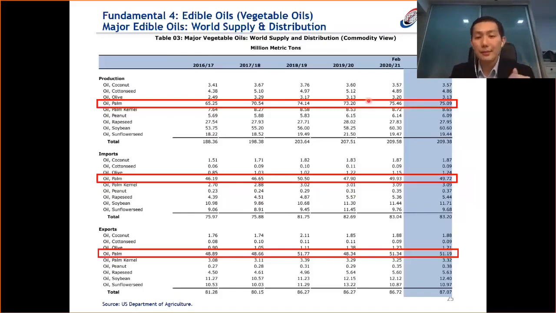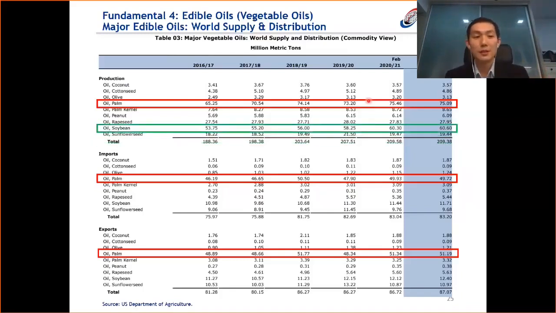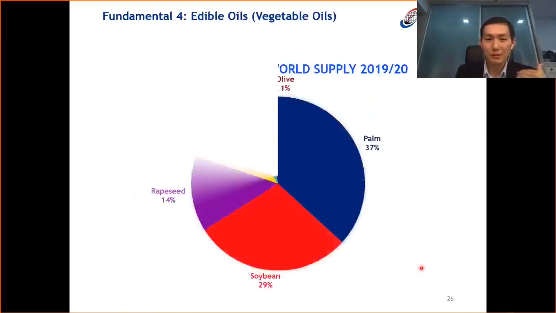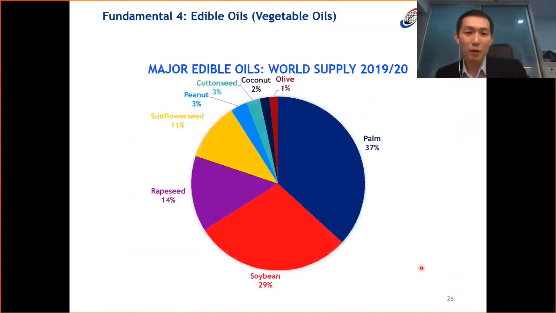So here we can see palm oil is the largest production in the world, and the next largest production of vegetable oil is actually soybean oil. So let me simplify it for you, since this table has too many figures, right? Let's look at the pie chart alone for year 2019 and year 2020.